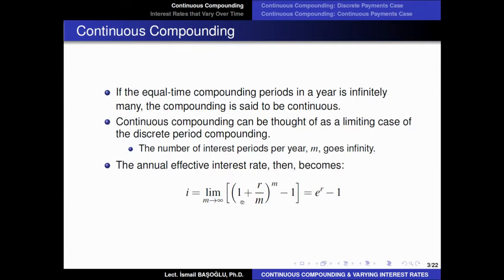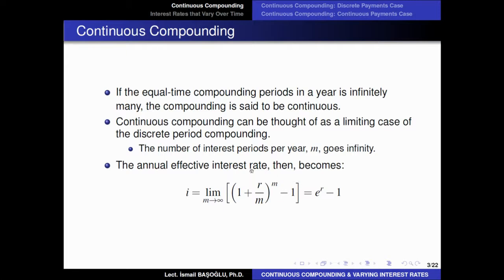Now, continuous compounding is basically the limiting case of the discrete period compounding. Remember, in the discrete period compounding, the interest rate per year was calculated with this formula. Remember, R over M was the effective interest rate that corresponds to a compounding period, and the compound amount factor for a year will be calculated by taking this value to the power M. That is just going to be the compound amount factor for a year, and if you subtract 1 from that, you will get the annual effective interest rate.